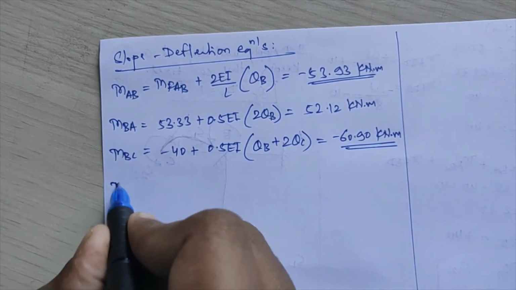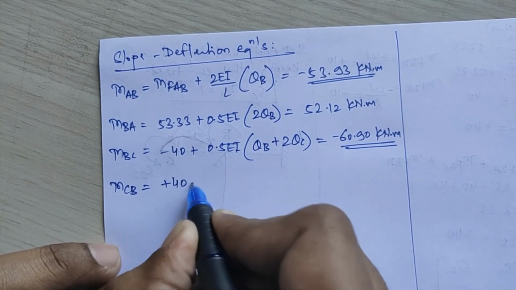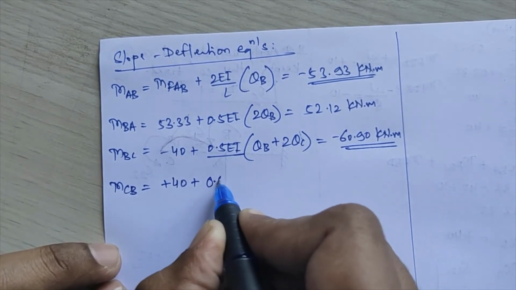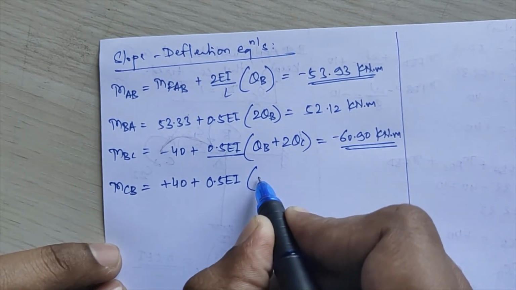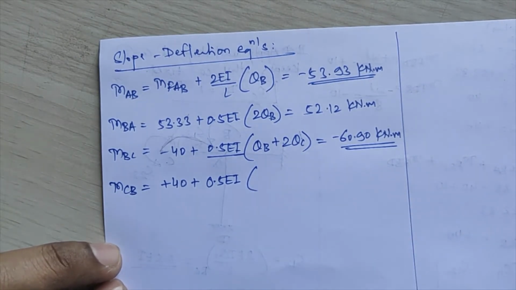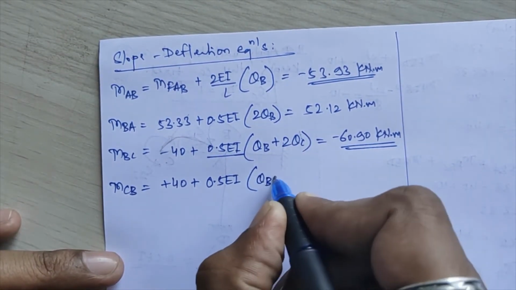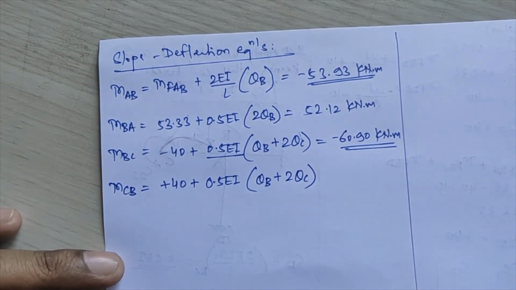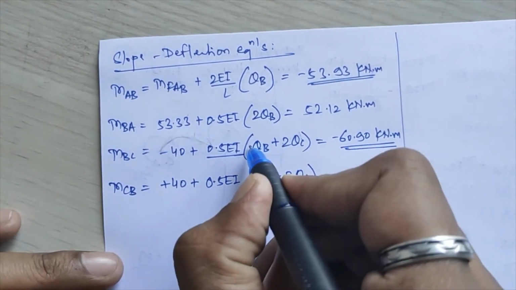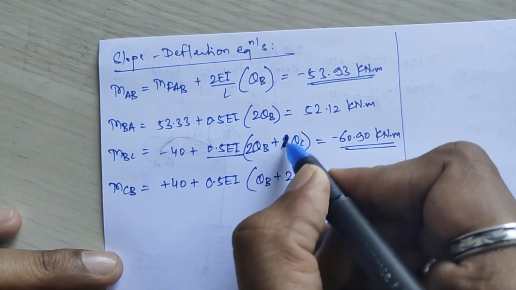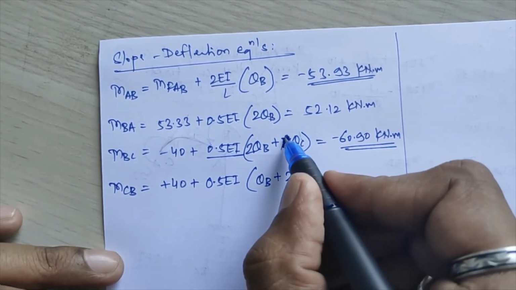Okay, next is your MCB value. So that will be again MFCB, that is plus 40 plus 2EI upon L, that is 0.5 EI I will get into bracket near end rotation, that will be your theta B plus 2 times of theta C. Okay, sorry, here it will be 2 times of theta B and this will be theta C. Okay, so correct this, I have made a mistake over here.